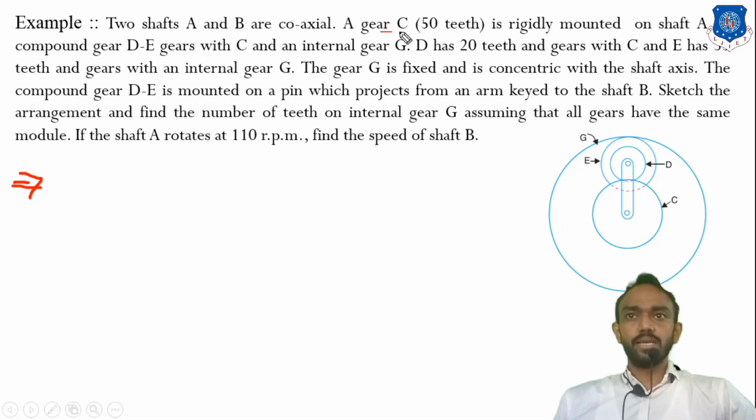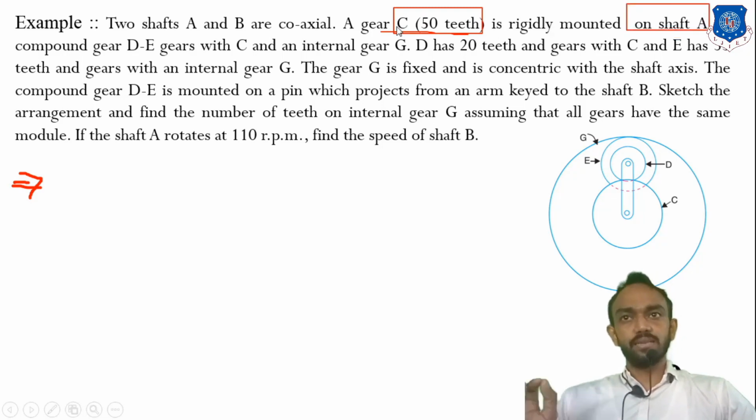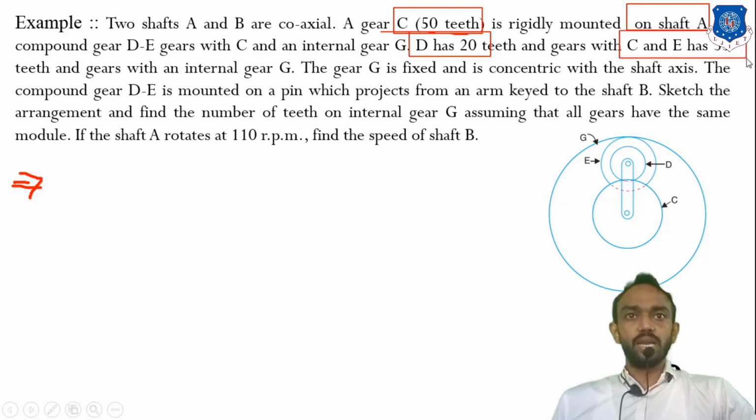Gear C has 50 teeth, so we will write this down. C has 50 teeth, rigidly mounted on shaft A, meaning that the RPM of gear C is equal to the RPM of shaft A. DE is a compound gear, with C and internal gear G. D has 20 teeth. C and E has 35 teeth, both are the same.